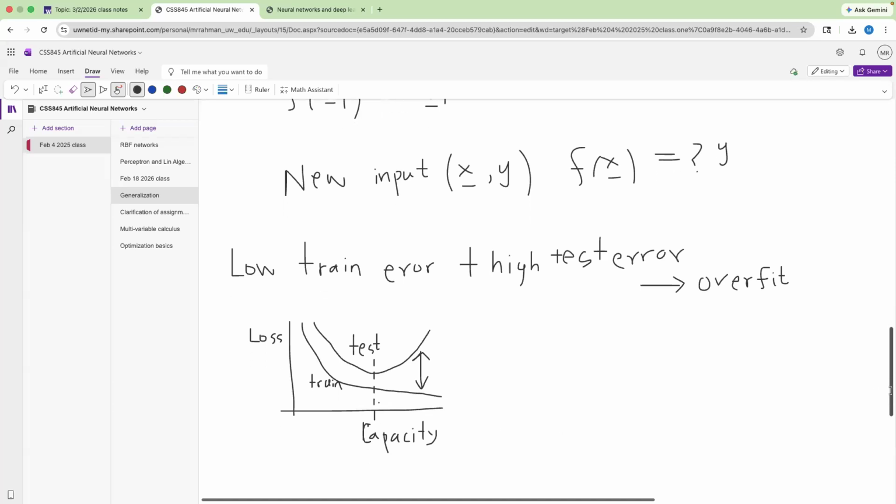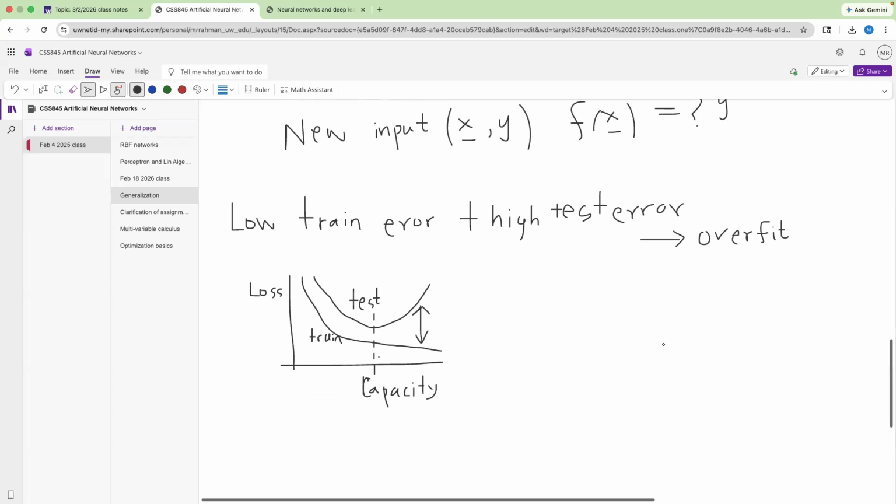In general, if you have more parameters in your network, you are able to fit more complex functions, and you will be able to lower your training loss to almost zero, right?